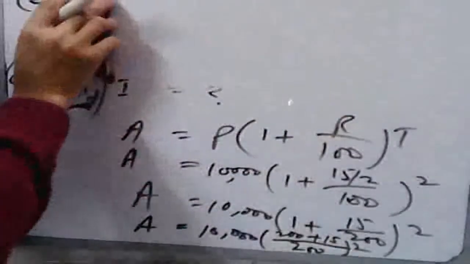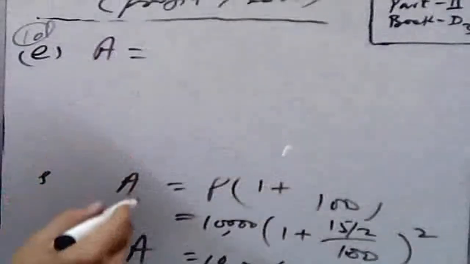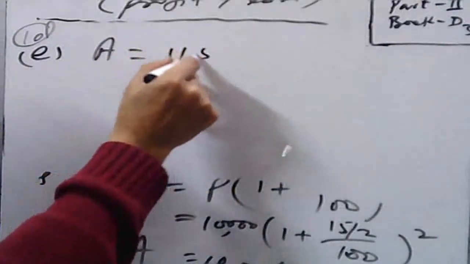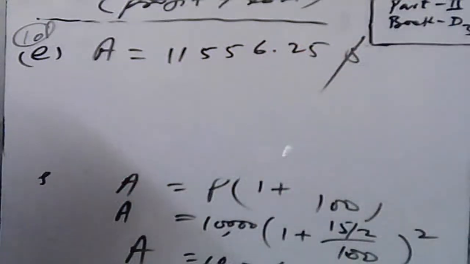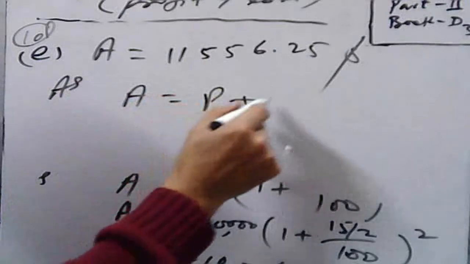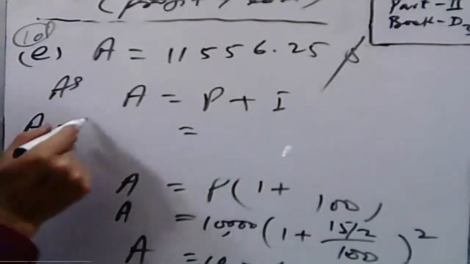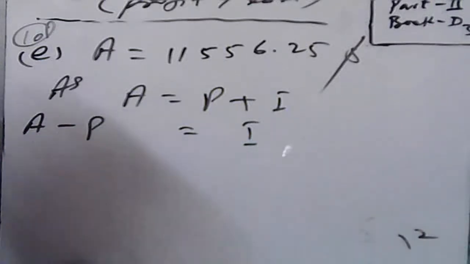So after simplification the amount will be equal to $11,556.25. As amount is equal to principal amount plus interest, A minus P, putting the values, because you have to find the compound interest.